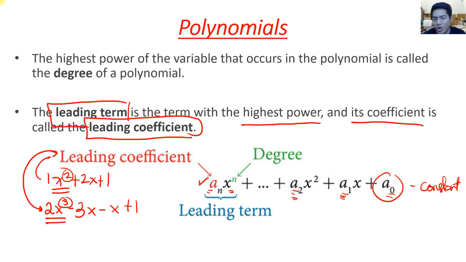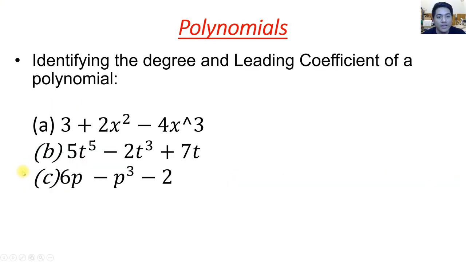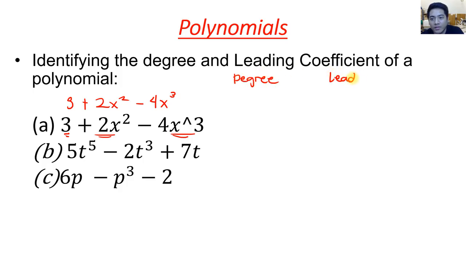We will be seeing polynomials all throughout this discussion because this is intervention for calculus. Now, identifying the degree and leading coefficient of a polynomial. Let's try: 3 plus 2x squared minus 4x cubed. First, we identify the degree, and then the leading coefficient.